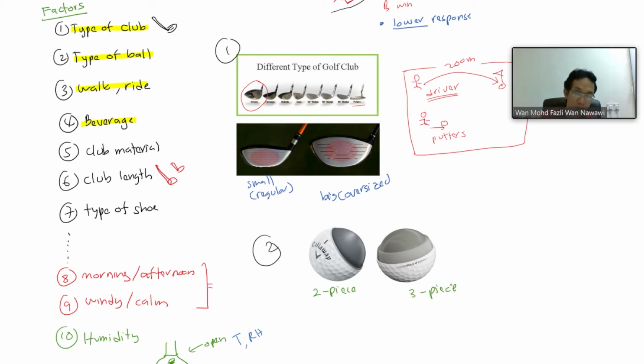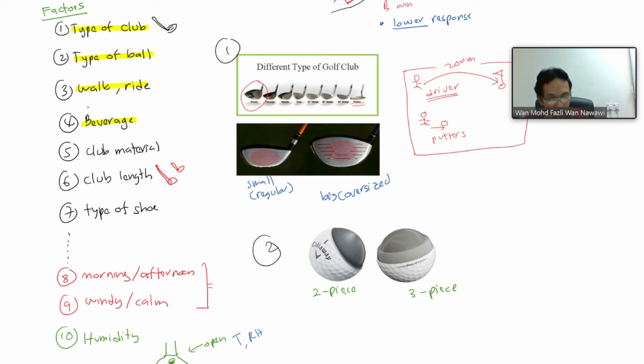Different people like different types of ball. So you want to see whether 2-piece is better than 3-piece or 3-piece is better than 2-piece for your purpose. So that is the second thing that you want to check.